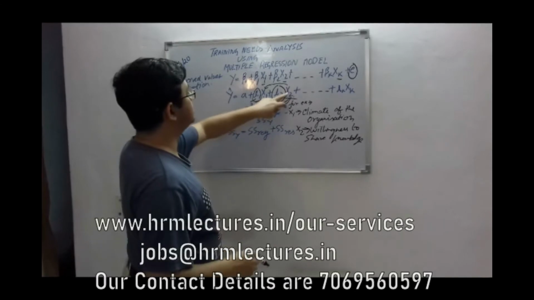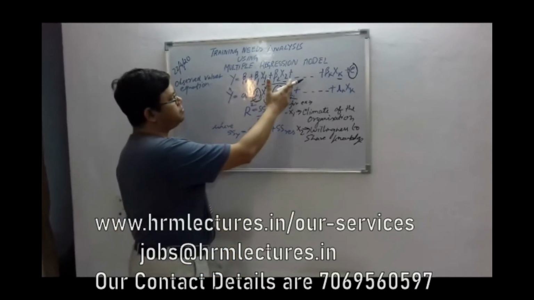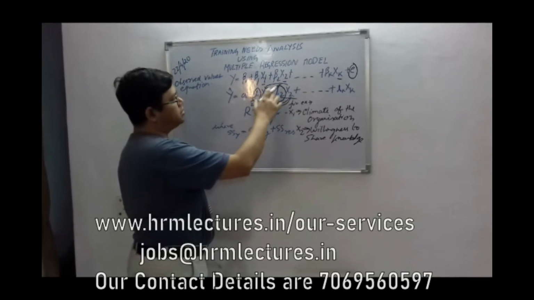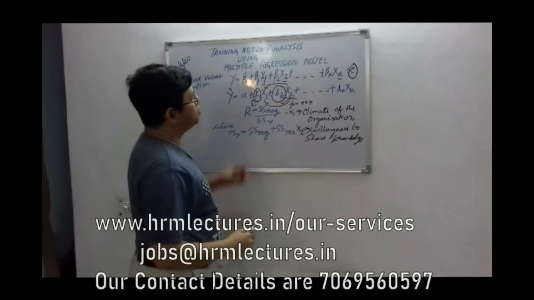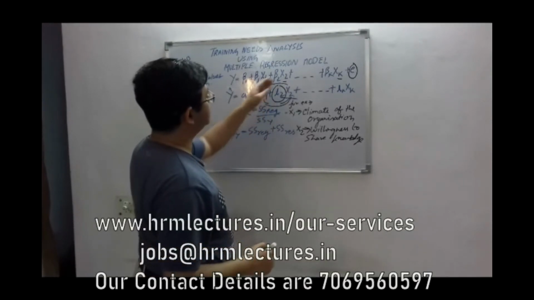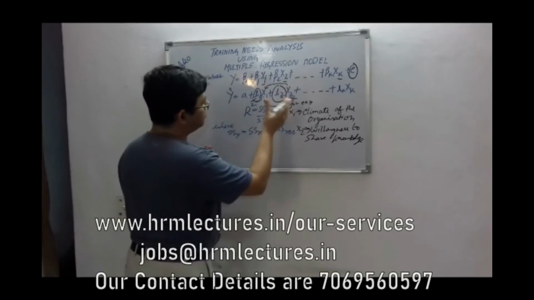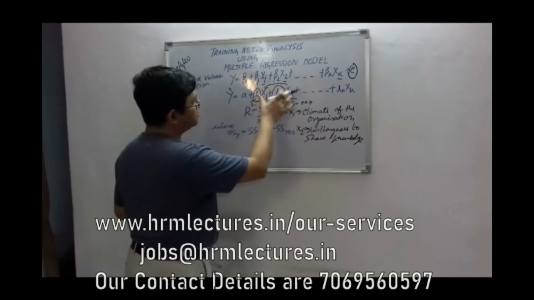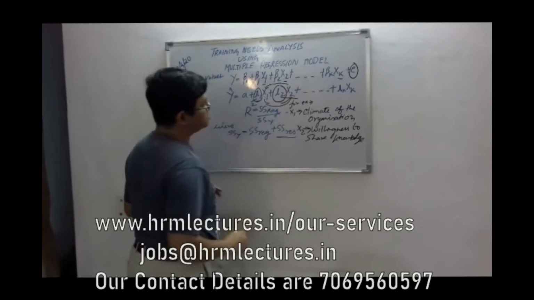So we regress x2 on x1 to find out the extent of influence of this variable on this one, and we regress this one on this to find out the extent of influence of x1 on x2. So whatever we get is the residual values, the difference of the partial regression coefficients, whatever we get as the residual.